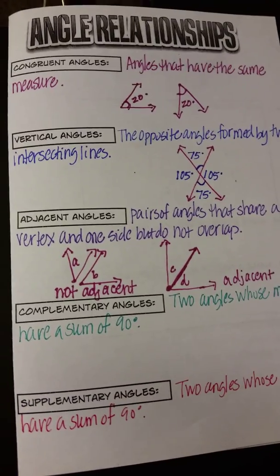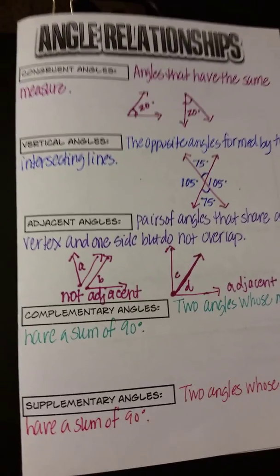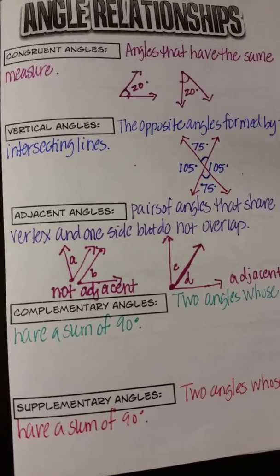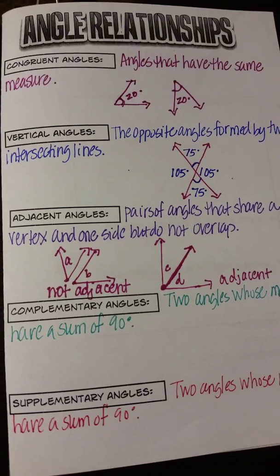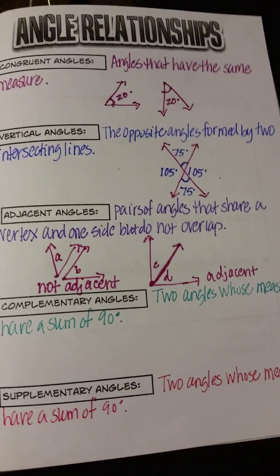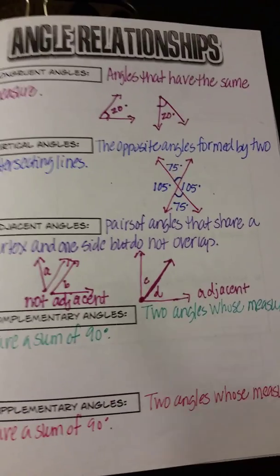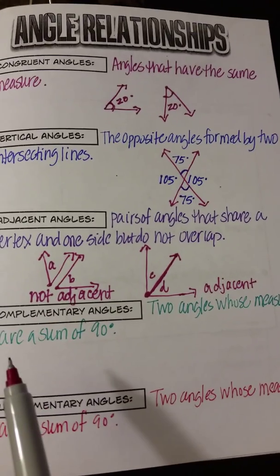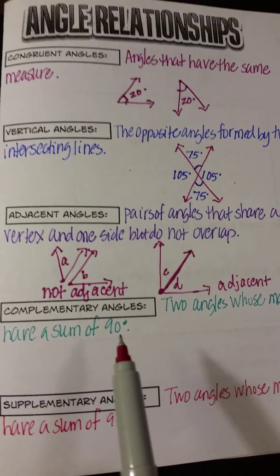The way to remember this is when you give someone a compliment, it's the right thing to do. And we know that a right angle has a sum of 90 degrees. So complementary: two angles whose measures are a sum of 90 degrees.